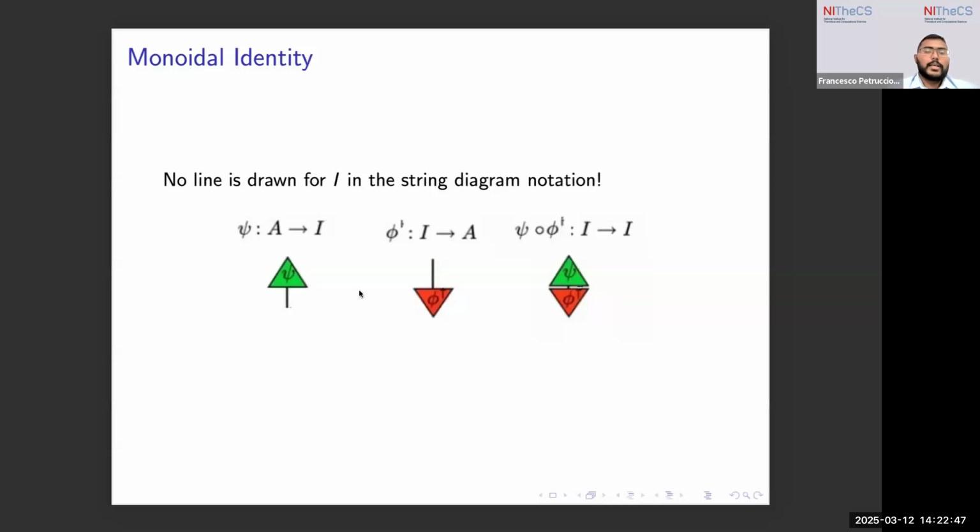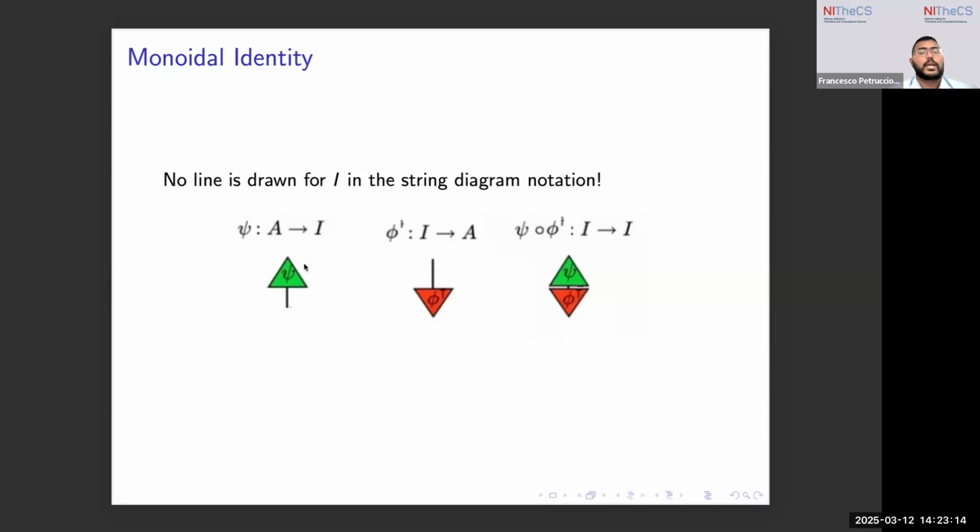So for Hilbert spaces, it turns out that our states correspond precisely to the maps I to A. For Hilbert spaces, your monoidal identity is simply the complex numbers. So the middle maps here from I to A are simply the states of your Hilbert space. And the maps on the left, A to I, will be maps from your Hilbert space to complex numbers.